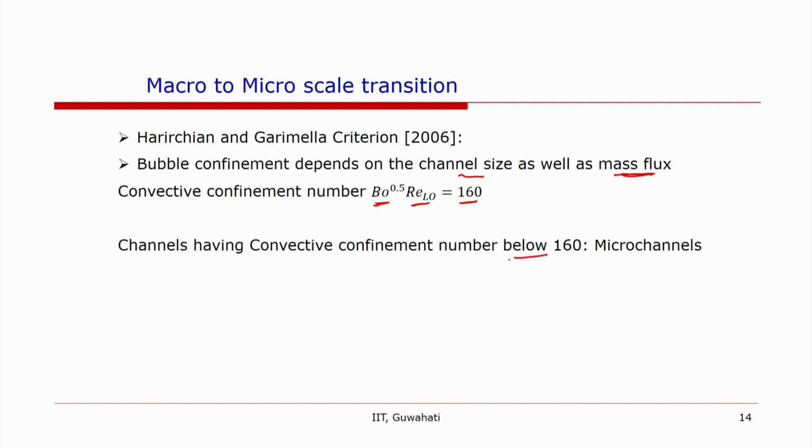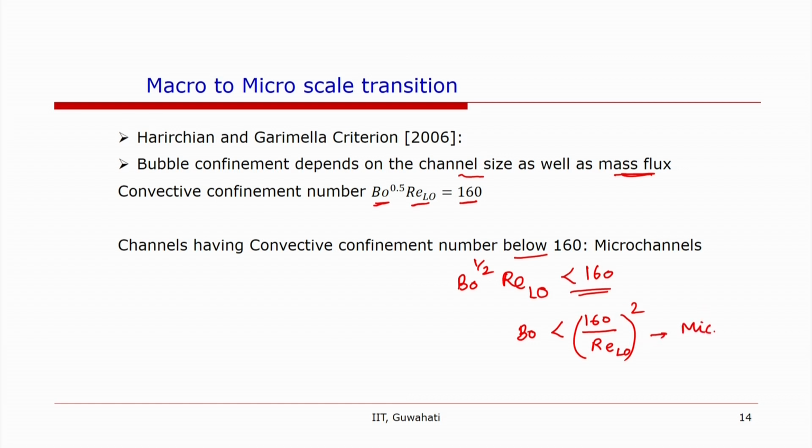If bond number to the half into liquid only Reynolds number is less than 160, then they termed the flow to be microchannel, or when the bond number is less than 160 over Reynolds number square, then the channel can be considered to be microchannel.